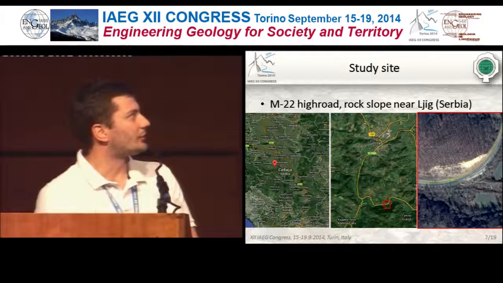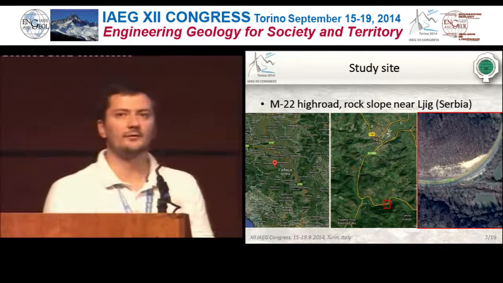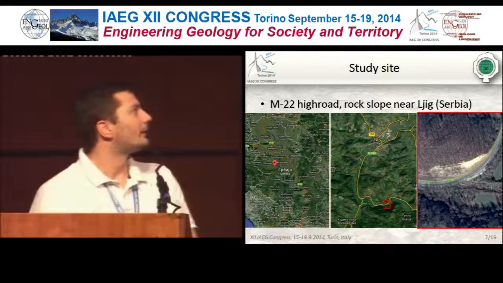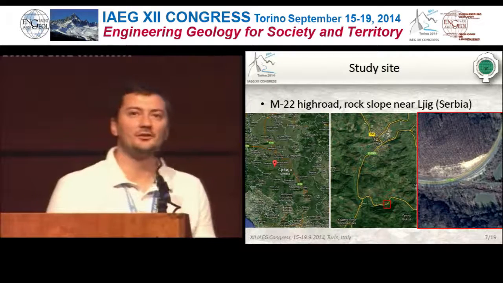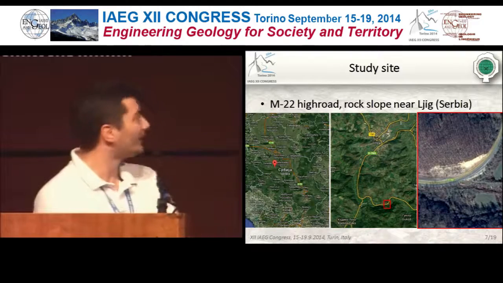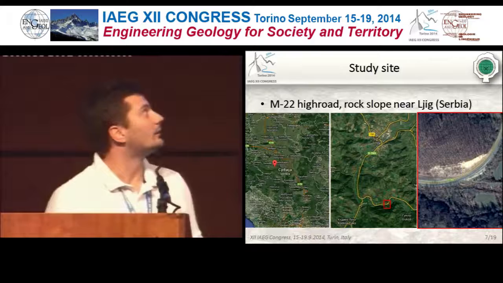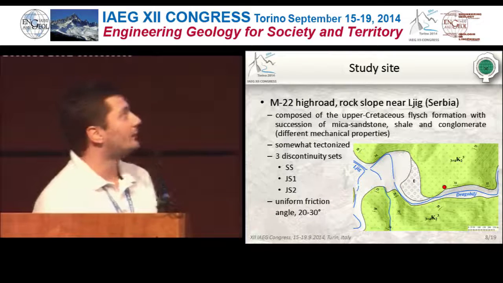Of course, the danger comes from the slope itself, from the rockfall from the slope, but also from inconsiderate driving. In terms of geology, it is a relatively simple geological setting.